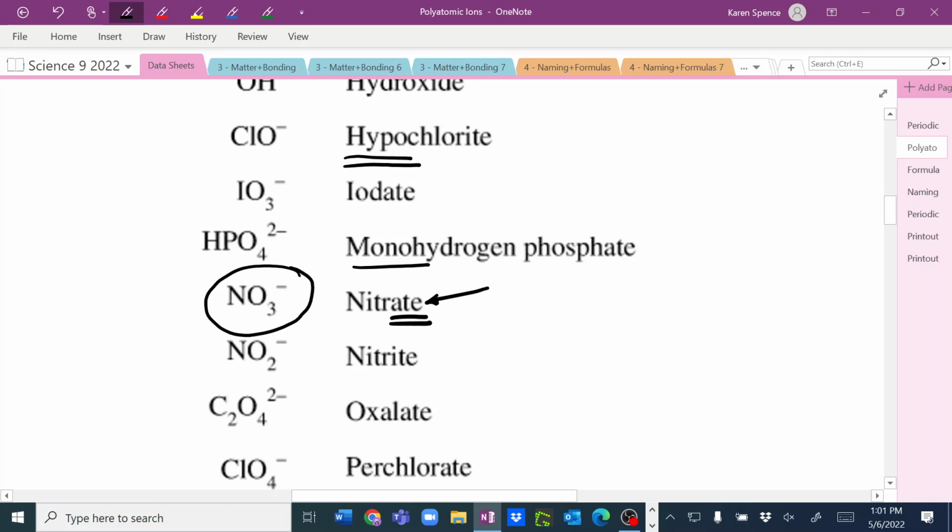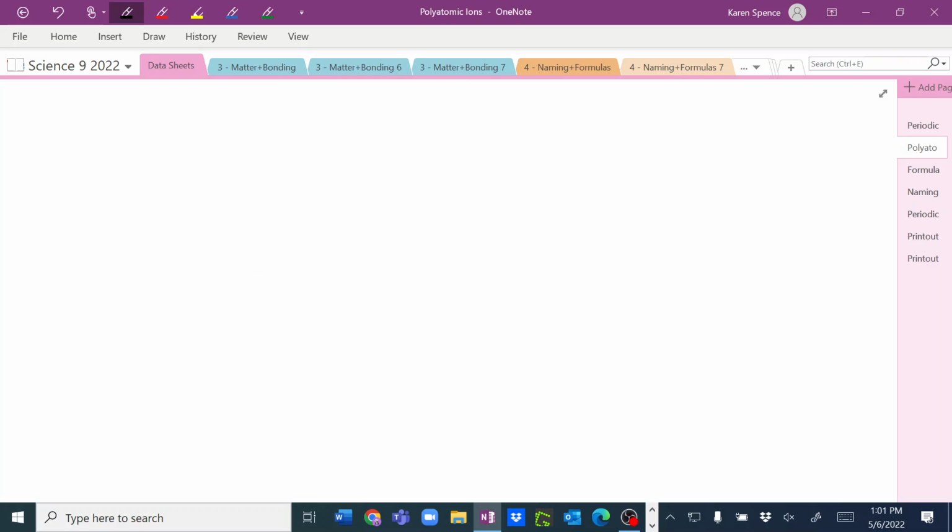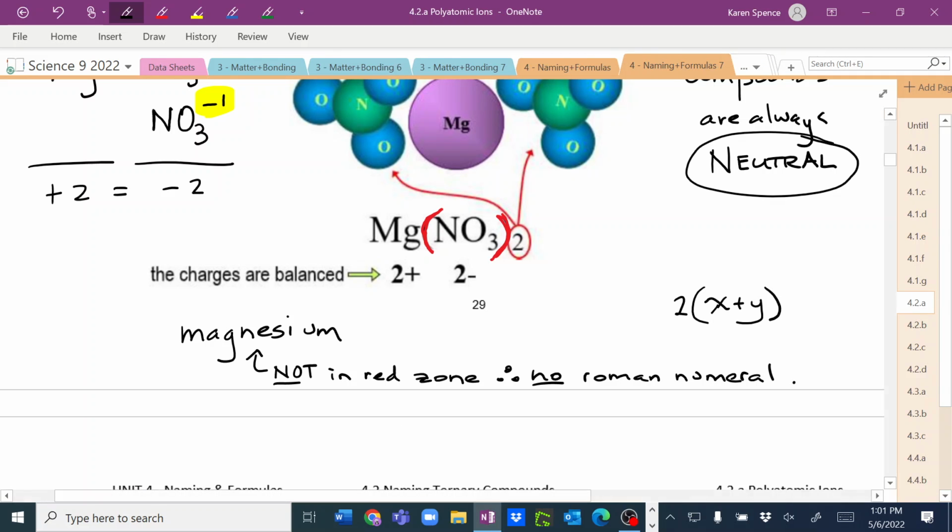Okay, you'll see a lot of ates, you'll see a lot of ites. That's different than the elements on the periodic table whose names change to ide. Yes? Okay, most polyatomic ions are ates and ites. So we just go back. And its name then is magnesium nitrate. It's actually really easy to name polyatomic ions because you just look them up and then write their name down. You don't have to do anything fancy.